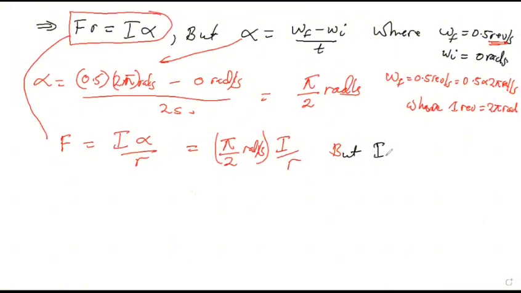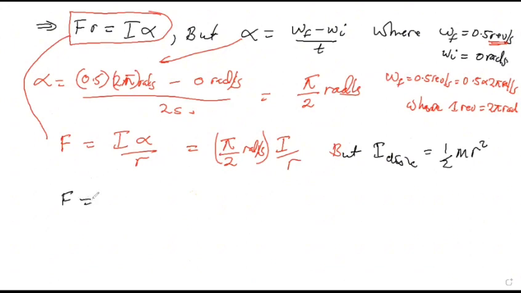For a disk, we can check from the equations we gave above that I is equal to 1 over 2 mass times R squared.